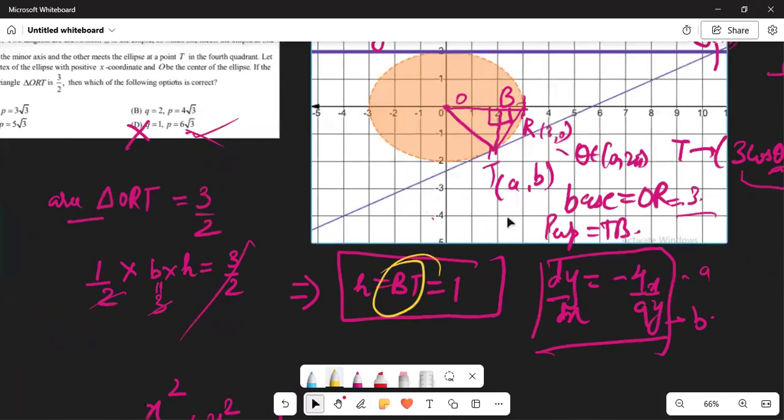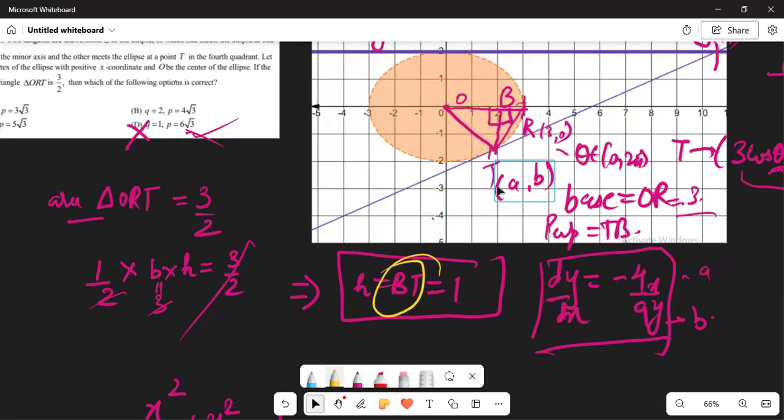The reason for drawing the perpendicular through T was that now we can use the y coordinate of T, because the length of the perpendicular is nothing but the modulus of the y coordinate of T. Since length means the positive value, and the y coordinate is negative here, we'll take the modulus.